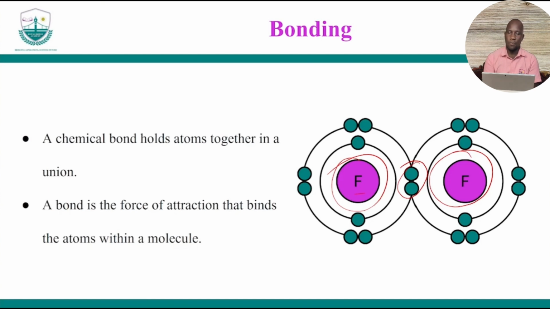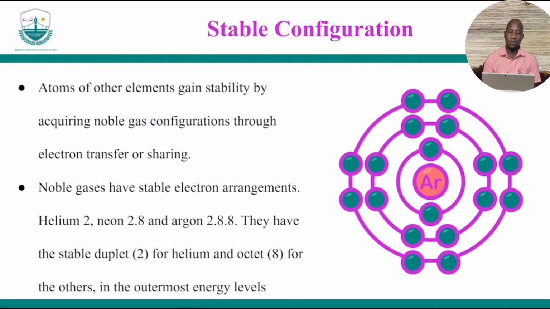So the question could be, why do these atoms actually form bonds? Can they exist on their own? The issue to do with bond formation is the fact that the atoms want to attain what we call a stable configuration.